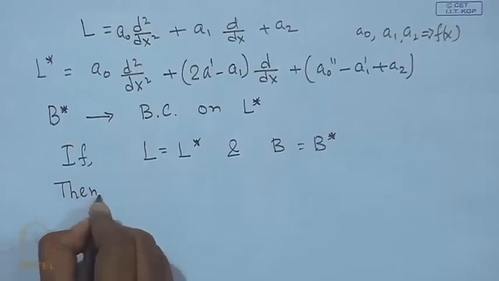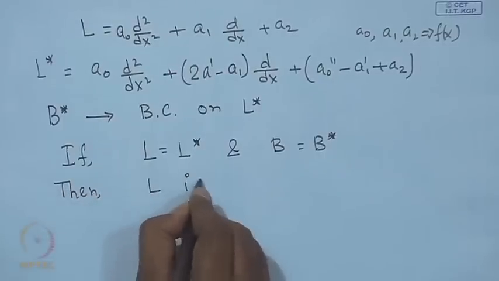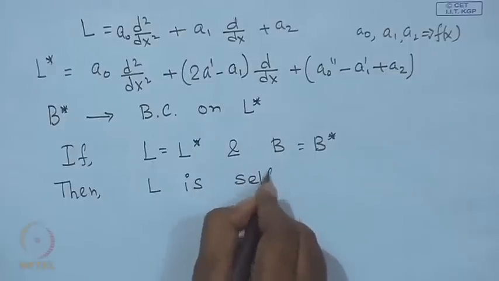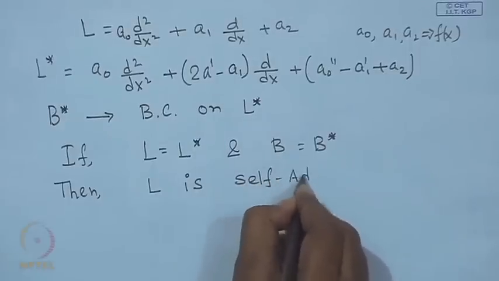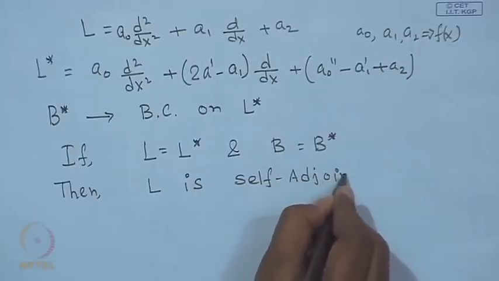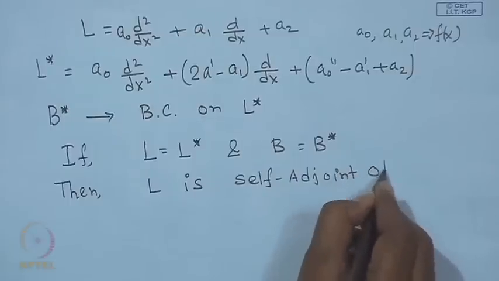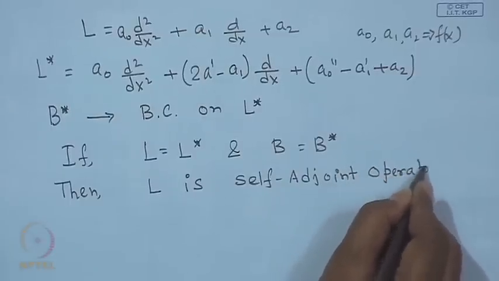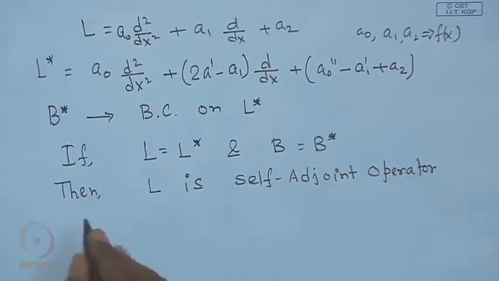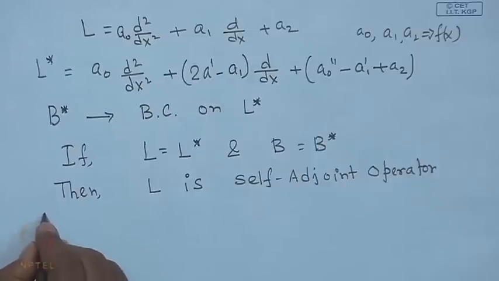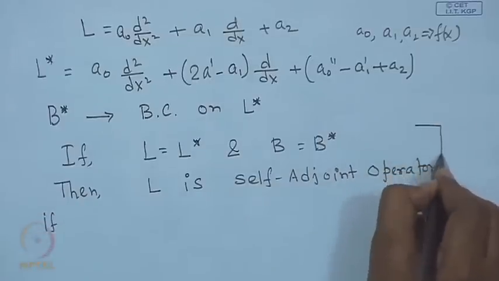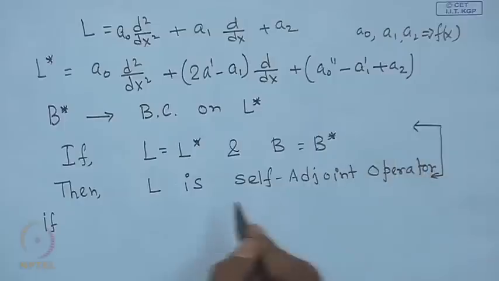In that case, L is a self adjoint operator. Now, both these conditions have to be satisfied simultaneously in order to have a self adjoint operator.